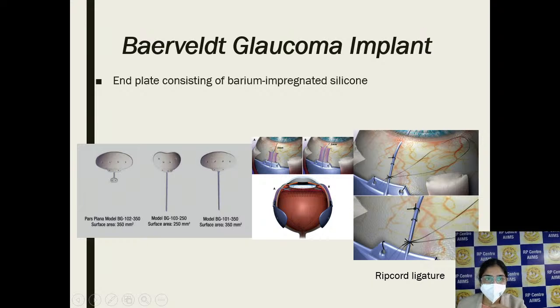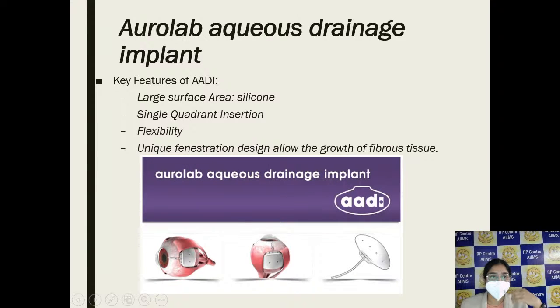Also, there are other mechanisms to control post-operative hypotony in the Baerveldt implants, which are ripcord sutures or ligatures. These are non-absorbable sutures tied at the end of the tube, and these can be opened later on, so that the aqueous flows slowly through the tube into the plate.